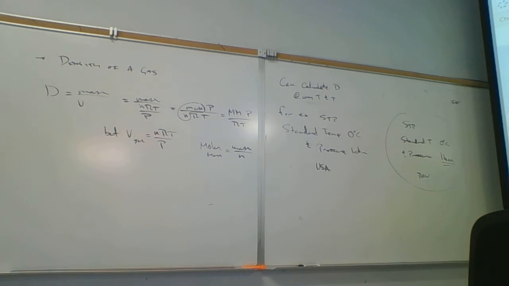It's going to be 32 times 1.4 divided by 0.08206 divided by 322. 1.695 grams per liter. So it's about 1,000 times less dense than water. You know, water is about 1 gram per milliliter. Almost 2,000 times less dense.